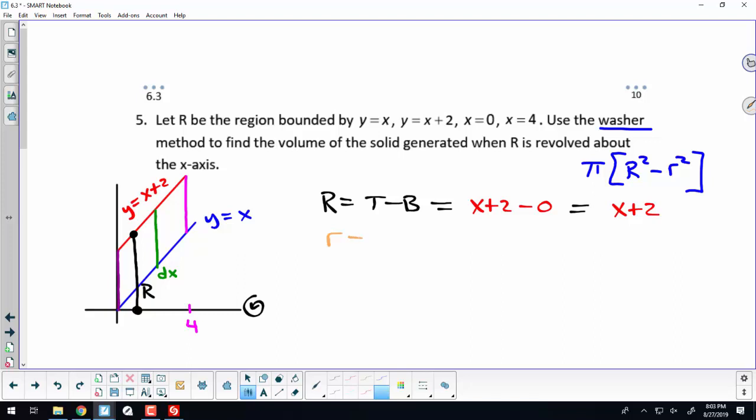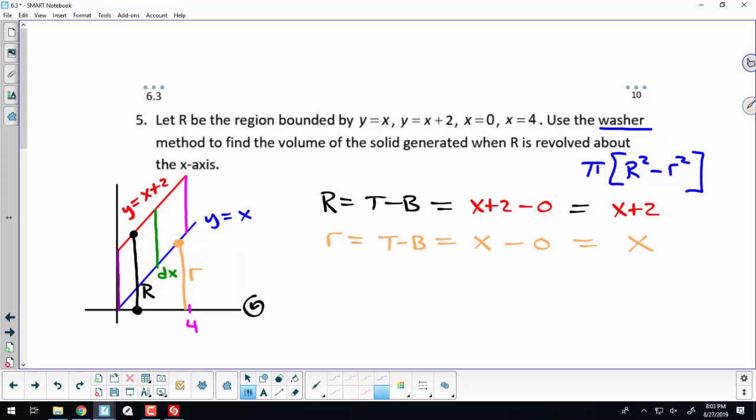Okay. Lowercase r is then what? x, right. The function that's closest to the axis of revolution is this one here. So that's going to be our lowercase r. Again, top minus bottom, 0 or just x. Okay. Then we just fit it into the form for the washer.